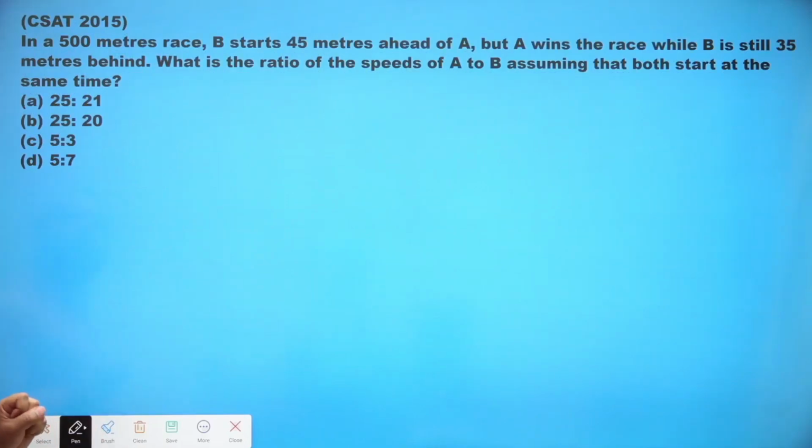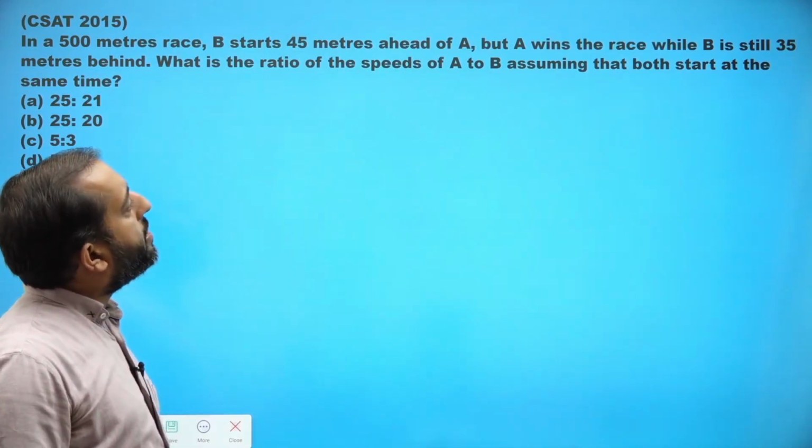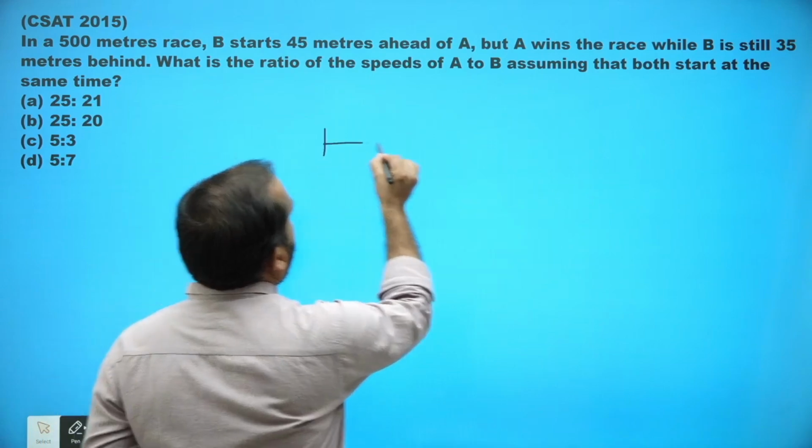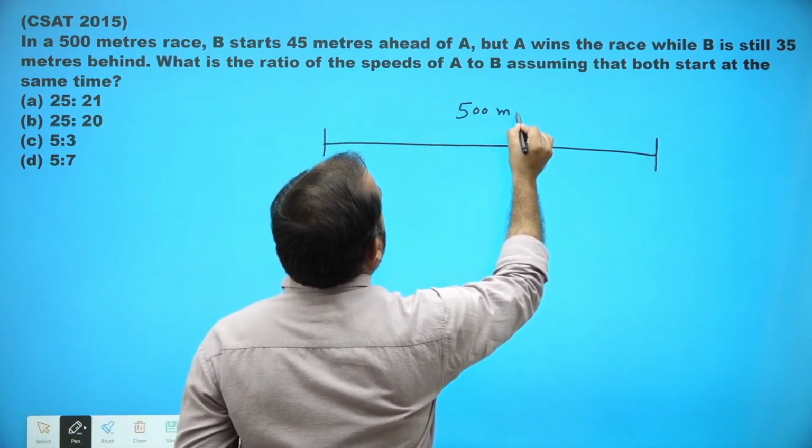Okay, so this is one more problem. In a 500-meter race, B starts 45 meters ahead of A. See, try to understand. The race is of 500 meters.